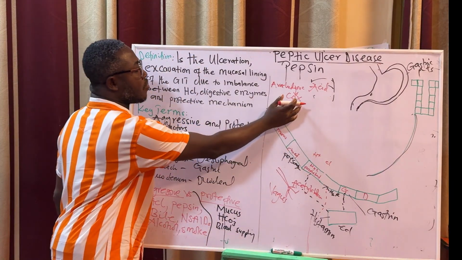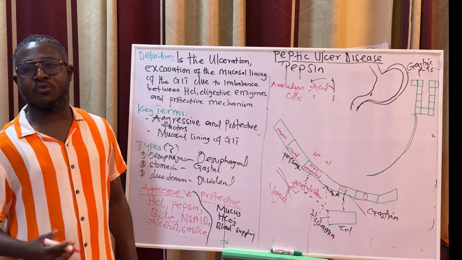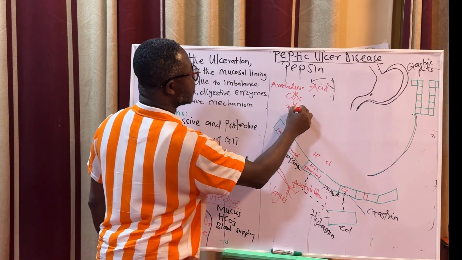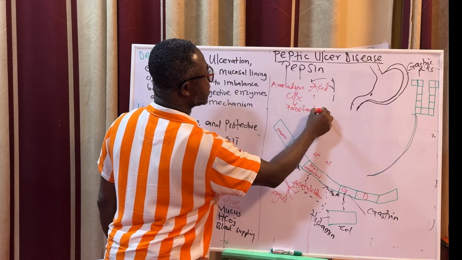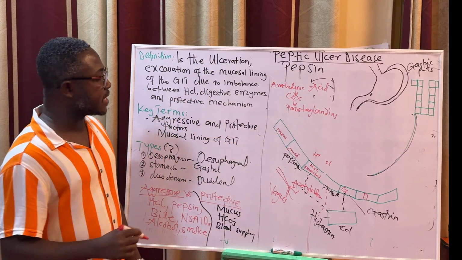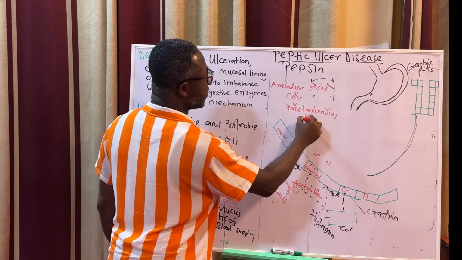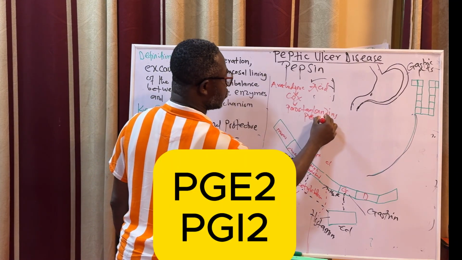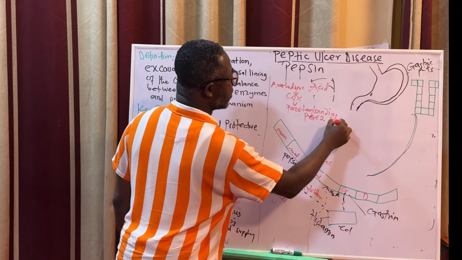When the cyclooxygenase 1 is produced, it also leads to the release of prostaglandins. The prostaglandins that we are interested in are PGE2 and PGI2.